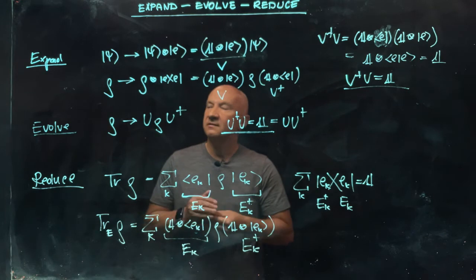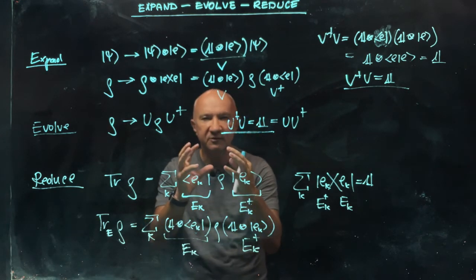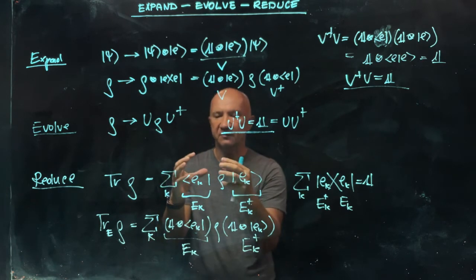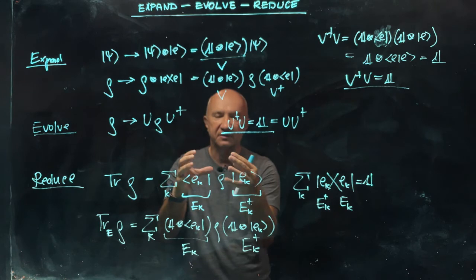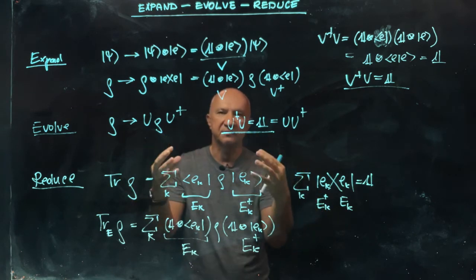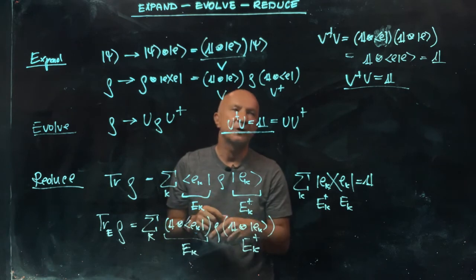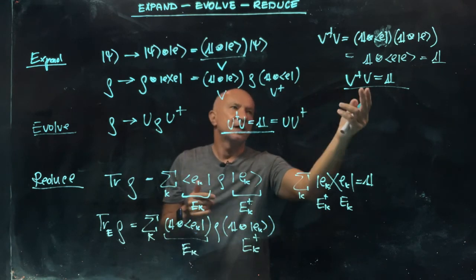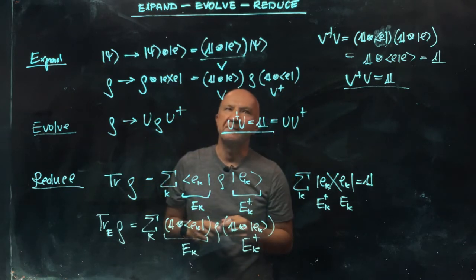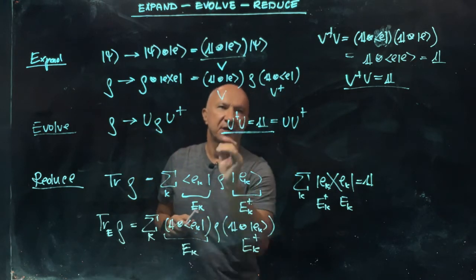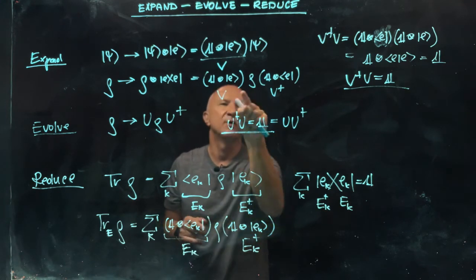So as you can see, the typical sequence for the evolution of an open quantum system is expand: take the system, embed it in the environment, or bring two subsystems together. The expansion part is described by an isometry, so you can write it explicitly in the Krauss representation, where there is just one Krauss operator.